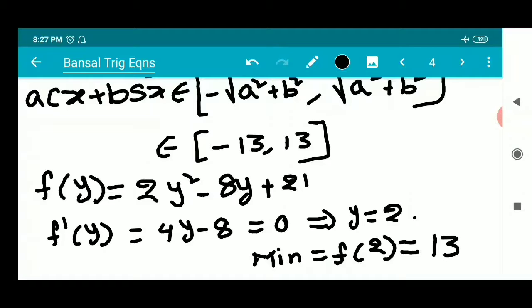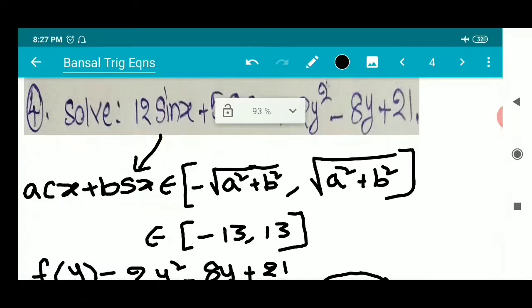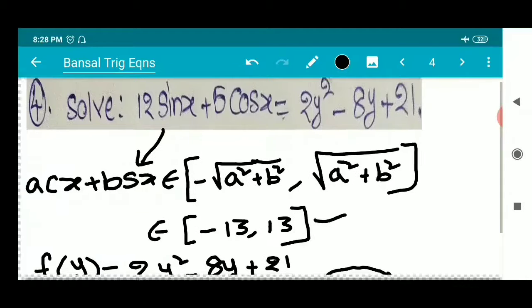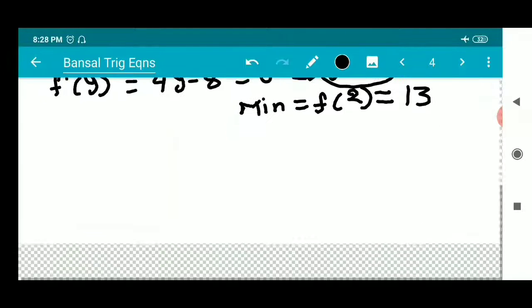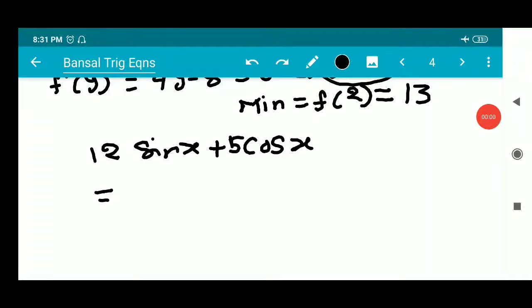That means what is the value of x, what is the value of y? The y value is clear, y is 2, and when will we get x? This side, when will we get 13? That you have to check. Okay, let's see that. 12 sin x plus 5 cos x should be equal to 13.